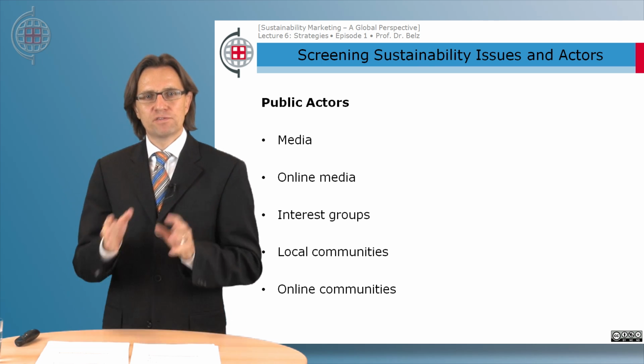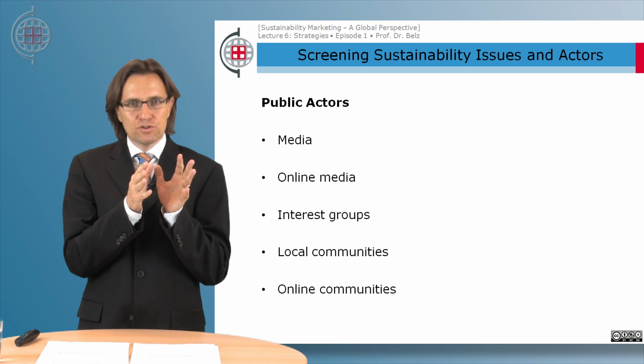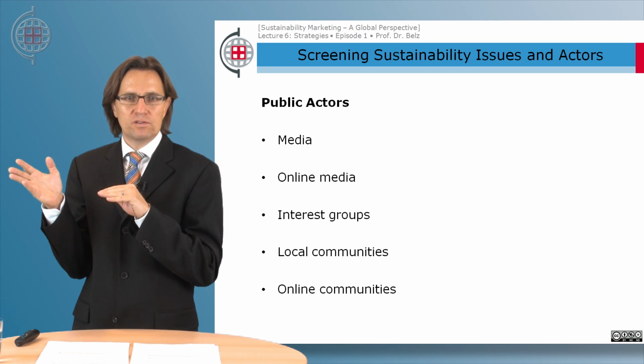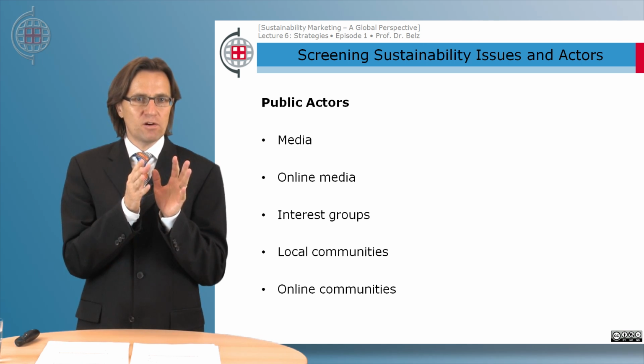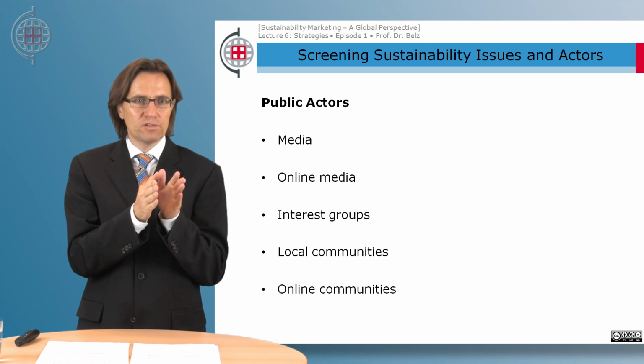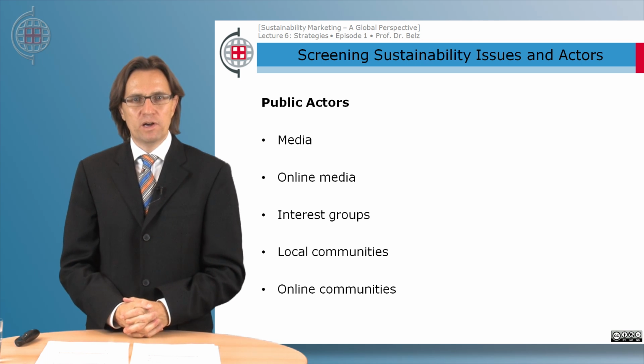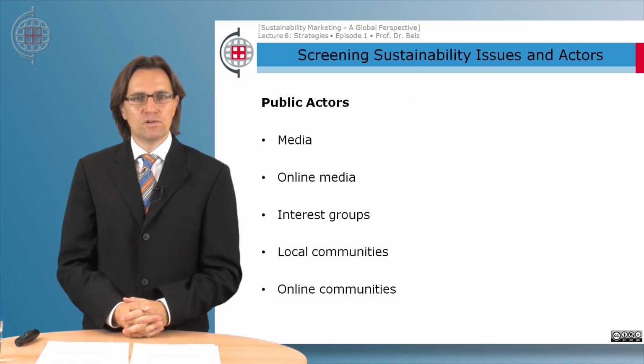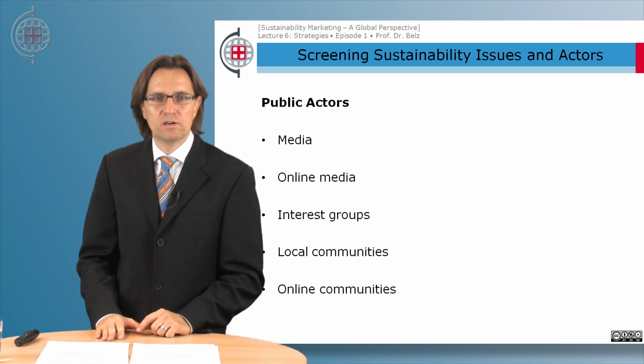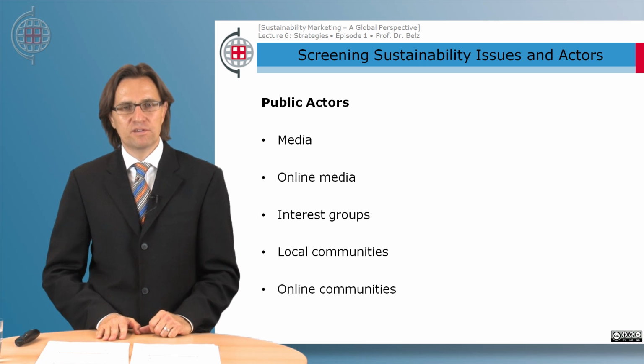And they also range from single issue to multiple issues. For example, the Fair Trade organization mainly focuses on the single issue of fair trade and social issues, whereas other NGOs cover a multiple range of different kinds of issues.